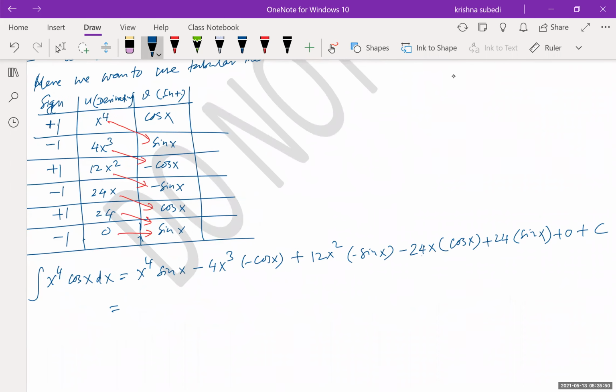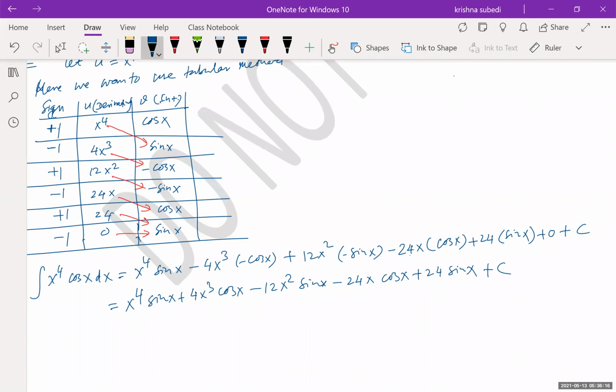It looks a little ugly, so you can write it nicely now, which is x to the power 4 sine x plus 4x cubed cosine x minus 12x squared sine x minus 24x cos x plus 24 sine x plus c. Done.